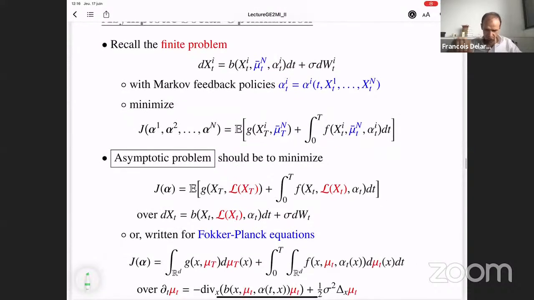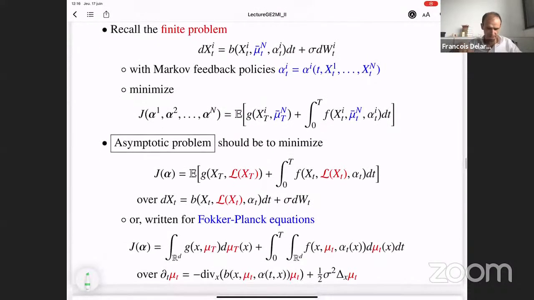And so the formulation is pretty much the same, but the difference occurs in the place where you put the limit.